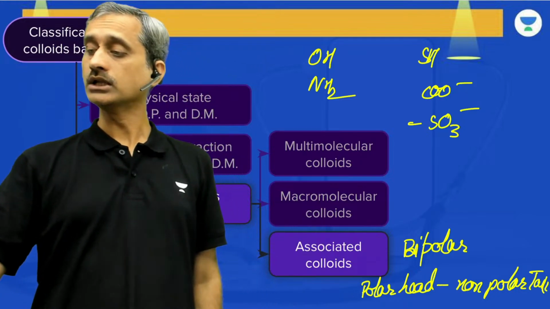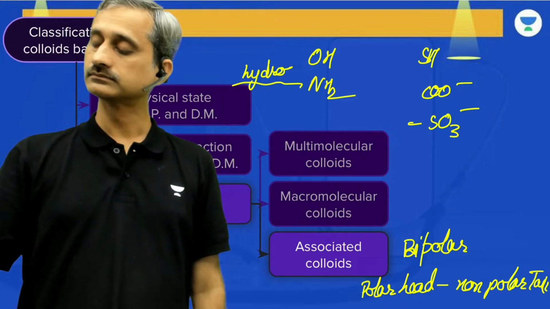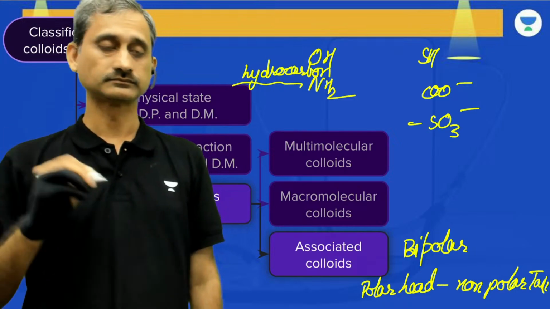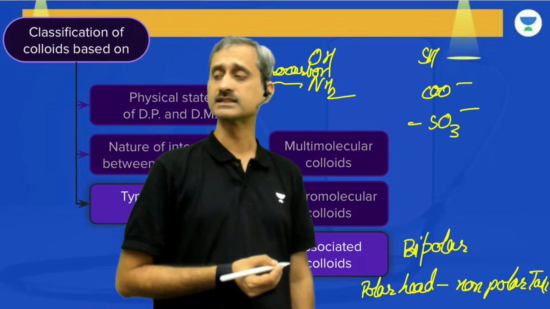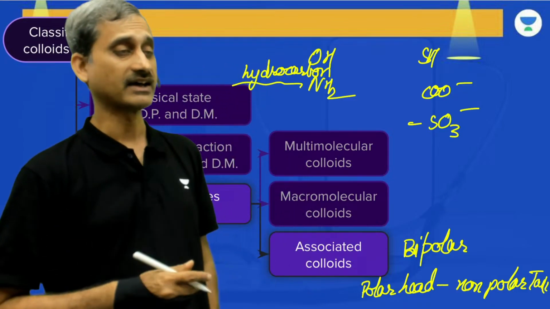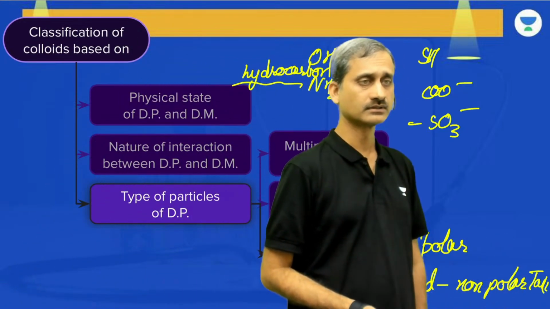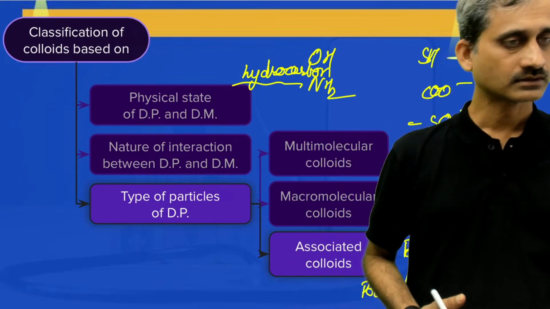And the non-polar tail could be a hydrocarbon. Hydrocarbon is always non-polar. Hydrocarbon could be having benzene, or it could be simply a carbon chain. Is it okay?